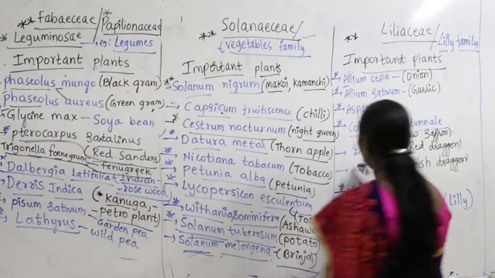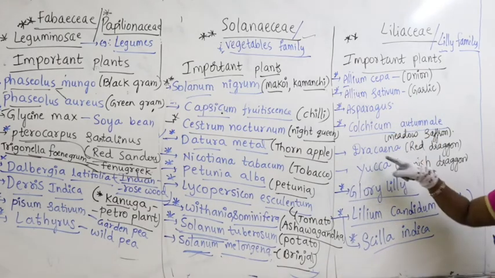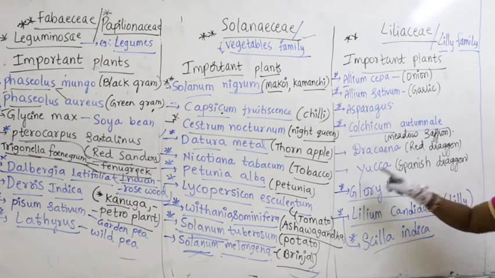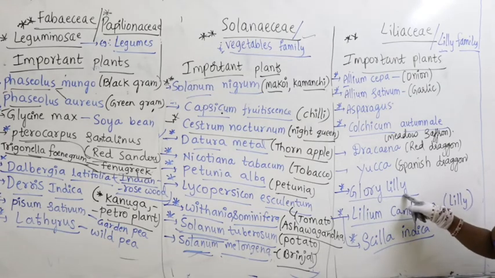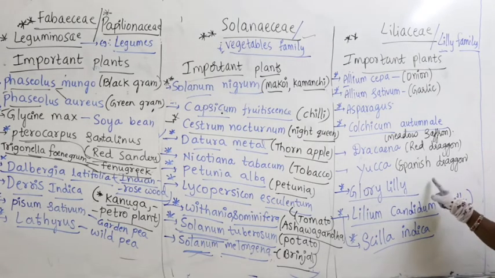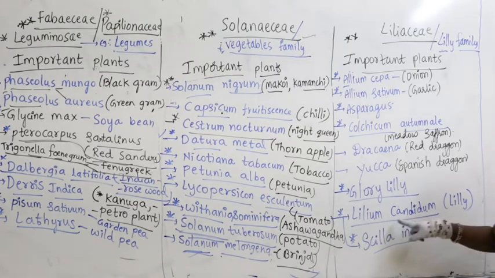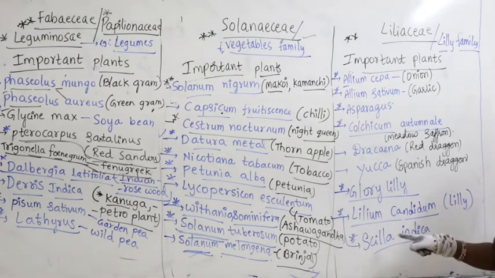Now if you look at the things here, Dracena is red dragon, Yucca is called Spanish dragon, Glory lily itself is called glory lily, Lilium candidum common name is also lily, Scilla indica common name is also Scilla, right.